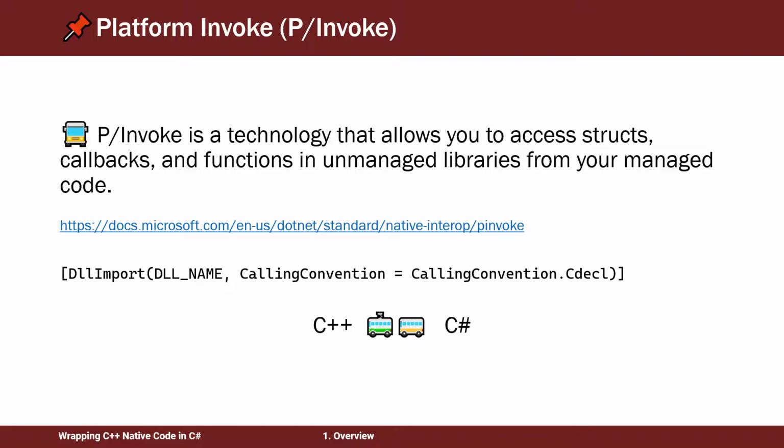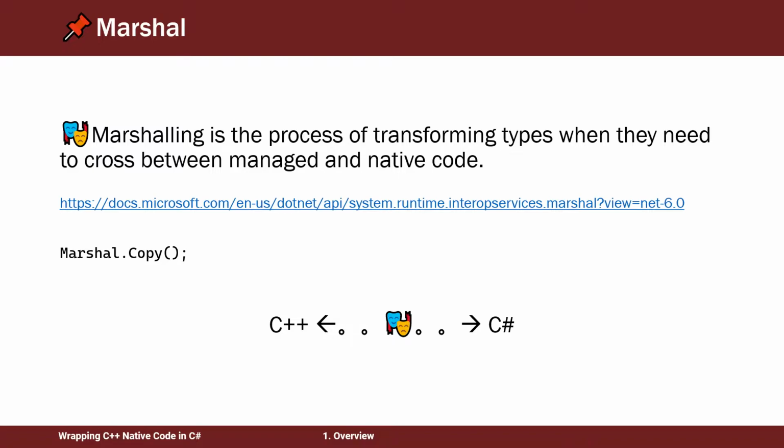Another thing you may find familiar is platform invoke, P/Invoke for short. This is the technology which allows C# code to call functions that are implemented in a C or C++ DLL in Windows or dylib in macOS. For simplicity, please just see it as a bus, a delegate between C# and C++. The other closely related domain is called marshalling.